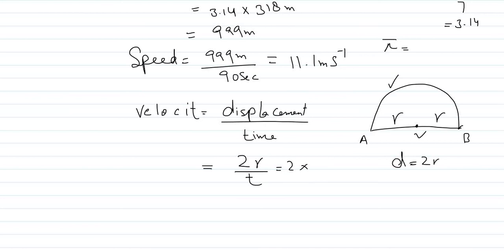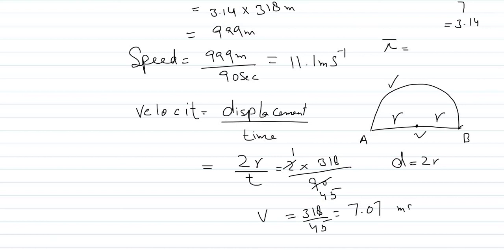R is equal to 318 meters, divided by the value of time t, which is 90 seconds. You can cut 2 into 90, which gives 45, and when you divide 318 by 45 you get the answer, that is 7.07. The unit of velocity v is meters per second.